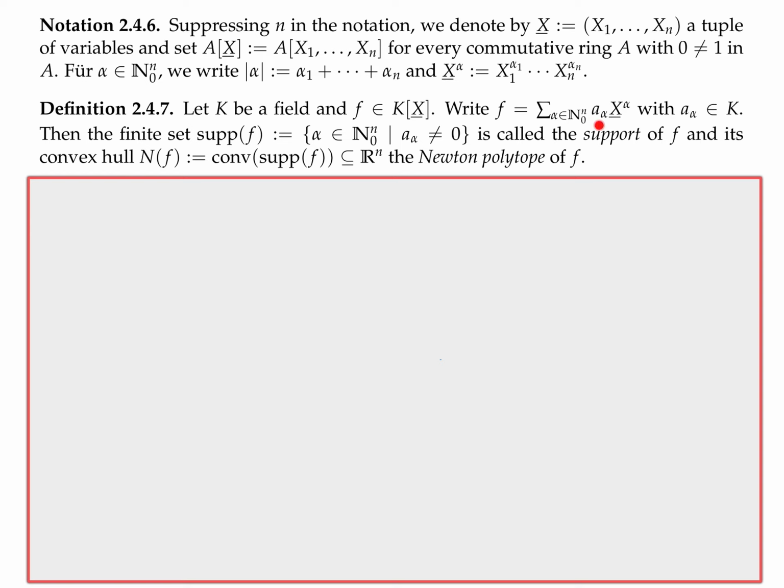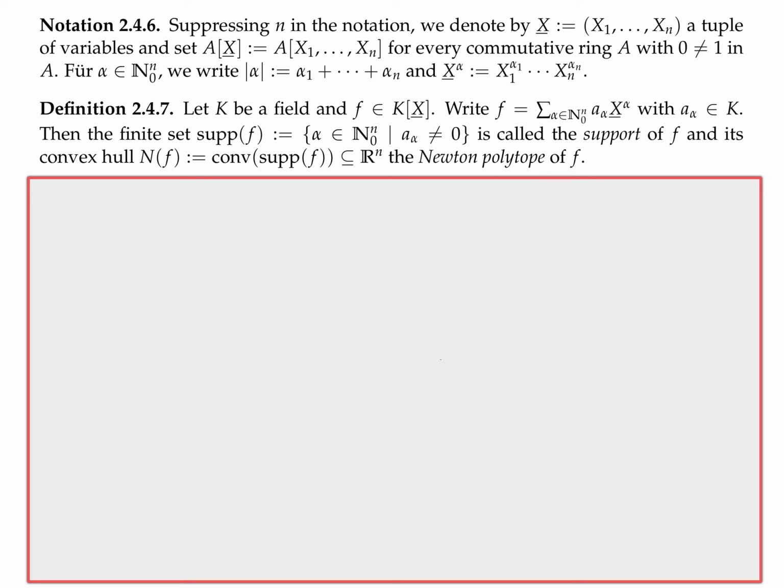Okay, this looks like an infinite sum, but it makes sense because it's actually a finite sum, of course, right? So I mean that all but finitely many a alpha are 0. And then this is of course unique. These are just the coefficients of f, they are uniquely determined by f, of course.